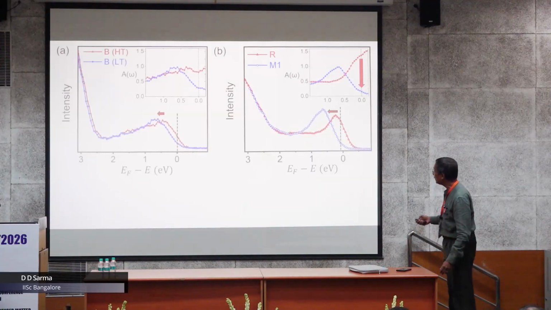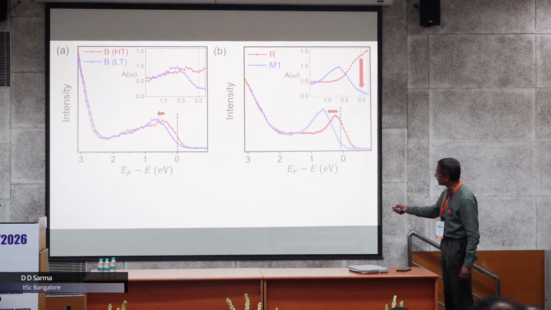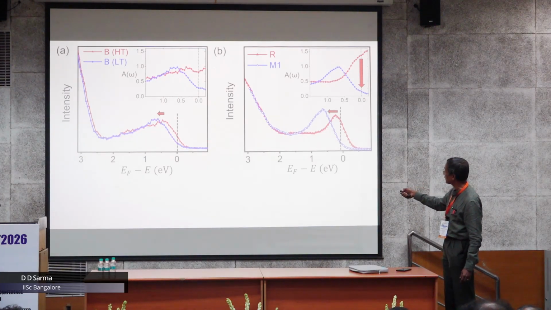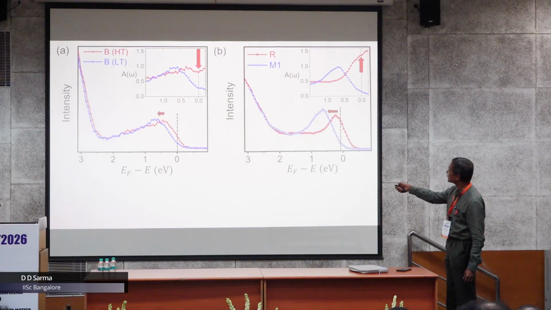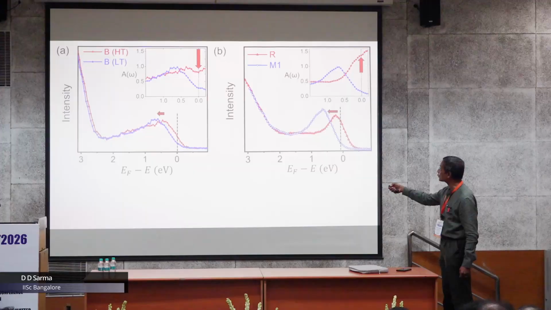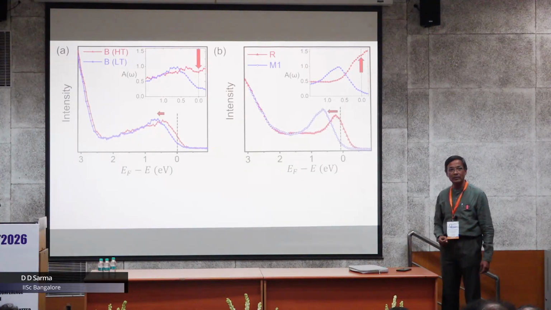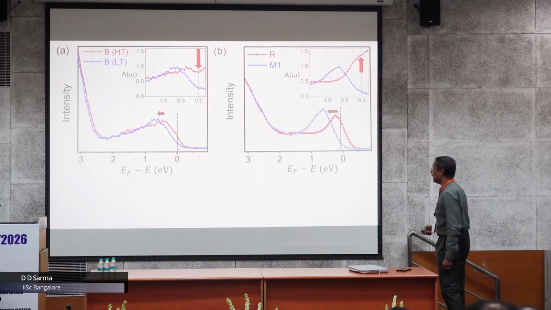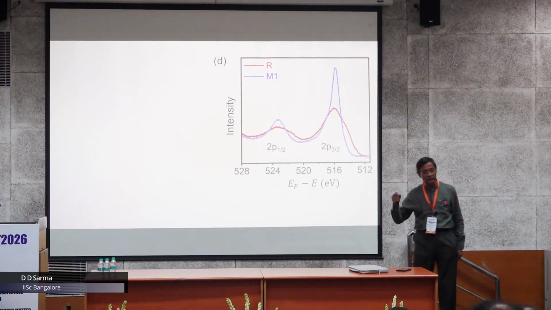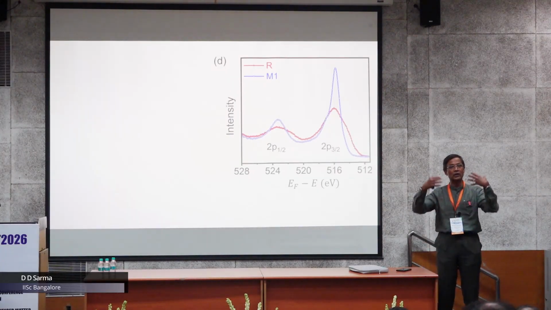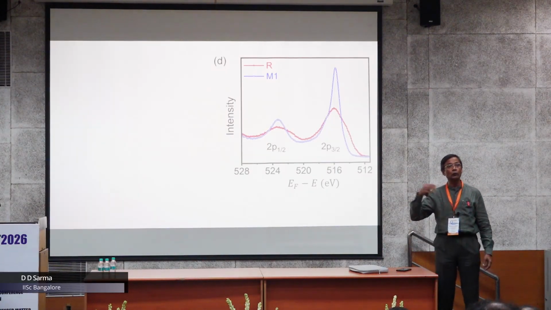If I now compare that with the high temperature and low temperature B phase, the shift is very small. The change here is much smaller than here. And if I do the same exercise, I find that as if this high temperature phase, which is the highly conducting one, is also trying to form a gap at the chemical potential, which looks qualitatively different from what I see over here. In fact, the difference becomes even more acute when I start to probe the ability of these valence electrons that are giving me the transport property of high conductivity, how well it can screen.